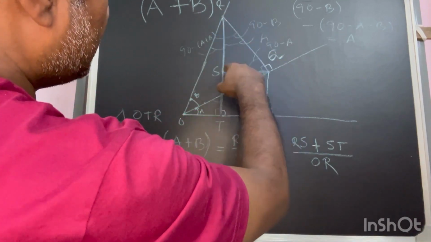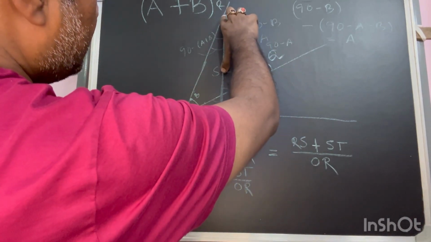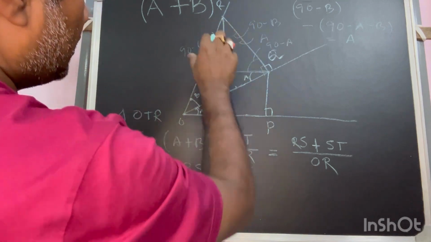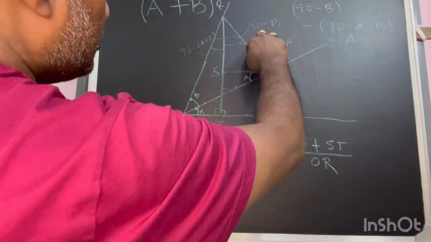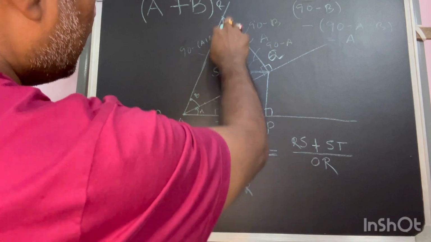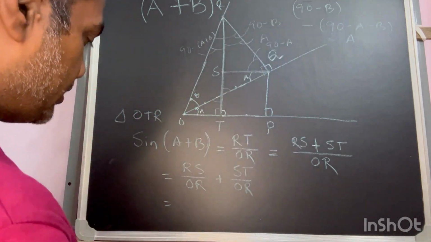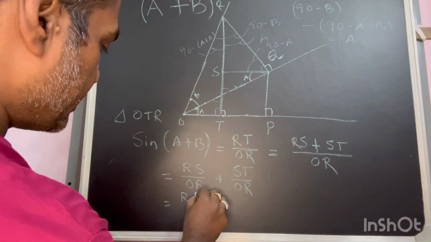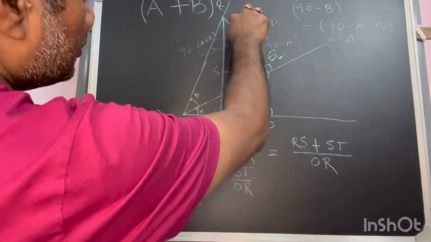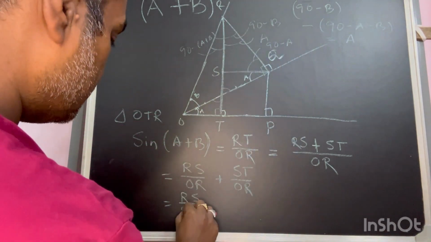So in this triangle, what is the side that is common to this and OR? This side is common for this triangle, and with OR this will be common for the other triangle. Both are right angle triangles. So let me take RS upon RQ.